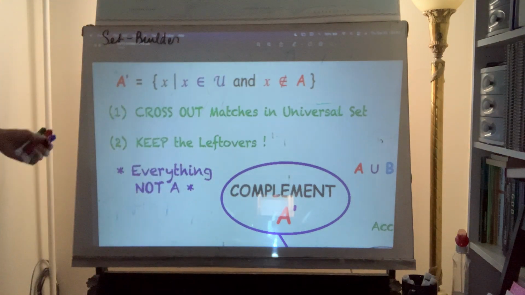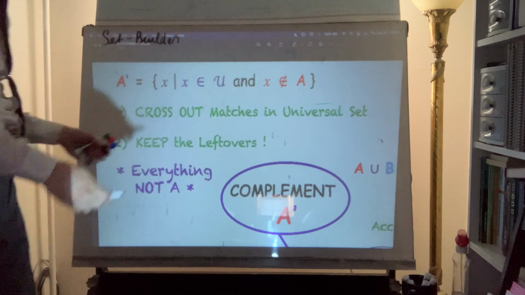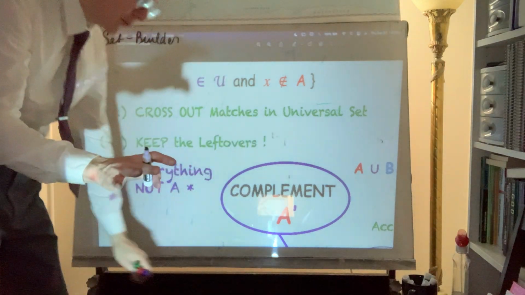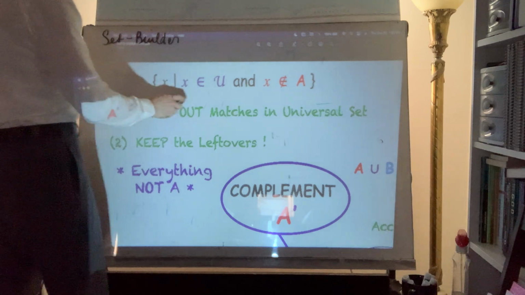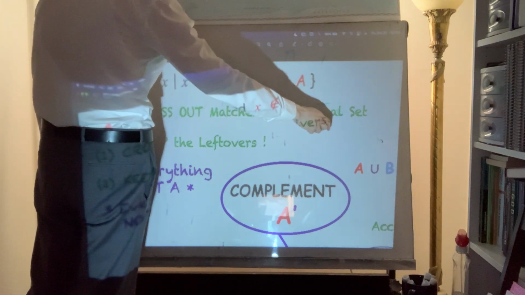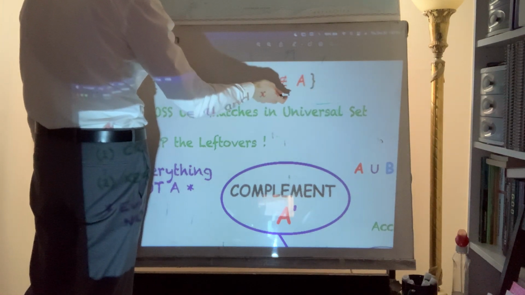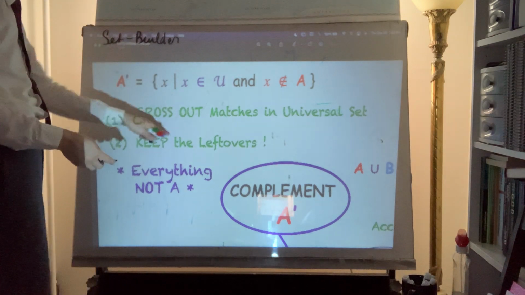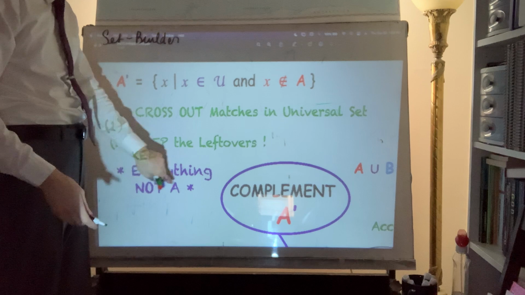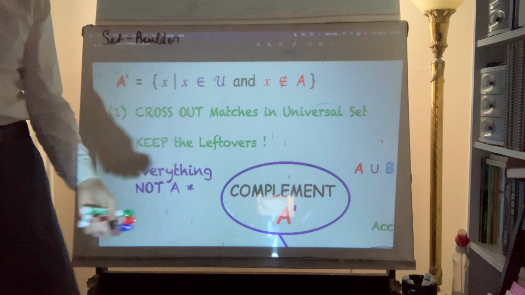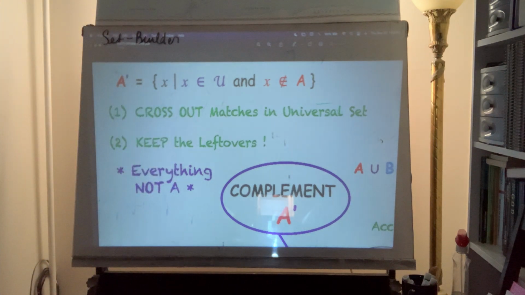Now, if you don't have a picture, but you just have the numbers staring at you, this is what I would do. Cross out the matches that you see between the universal set and the set A. And then keep the leftovers. The leftovers would be everything not A. Kind of did that earlier.